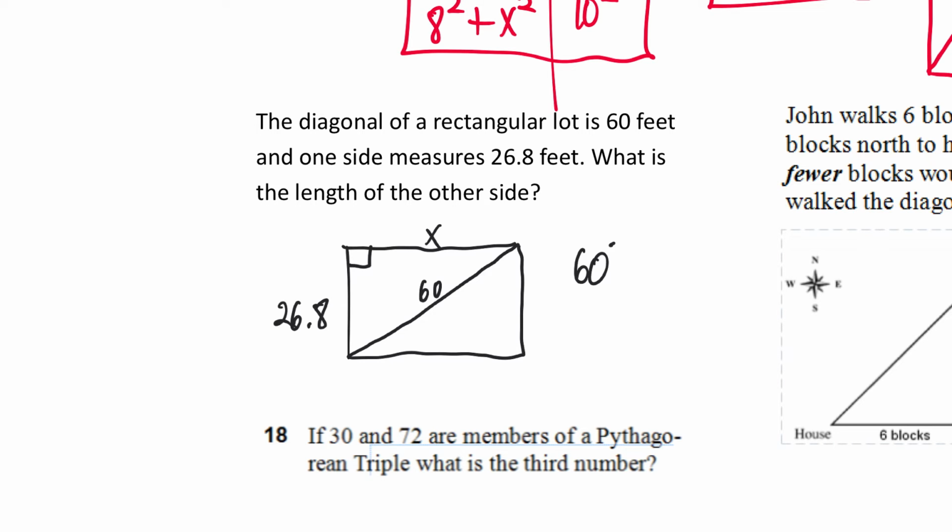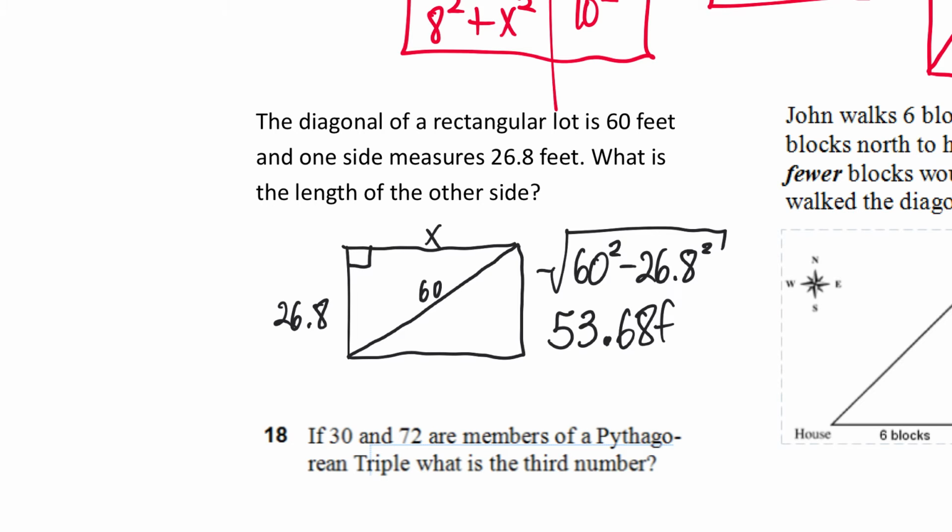So it's going to be 60 squared minus 26.8 squared, square rooted. 53 point what? 0.68 or 69? 68? Okay.